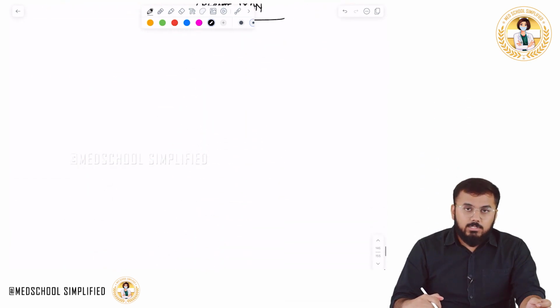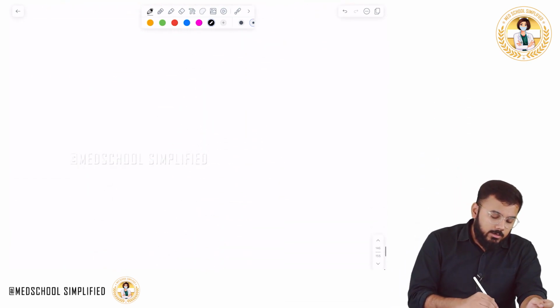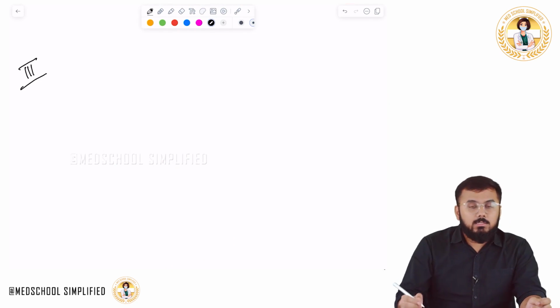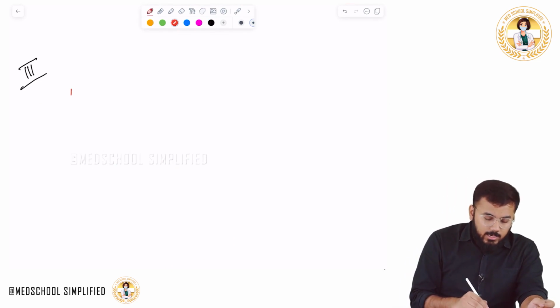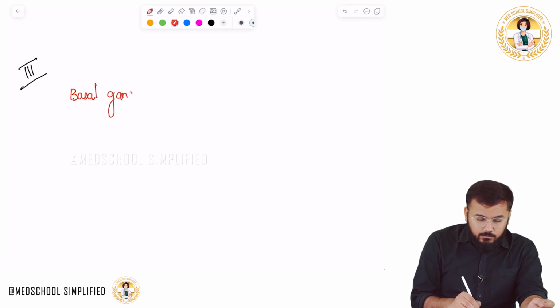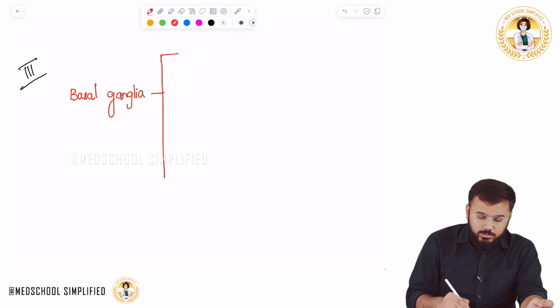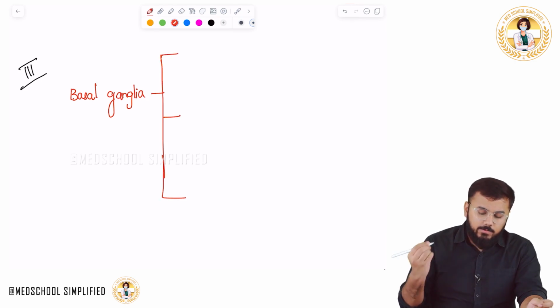Now this is the second classification. Now let us enter into the third classification. What is this third classification? In this third classification, the basal ganglia are just divided into three important components. What are these three?